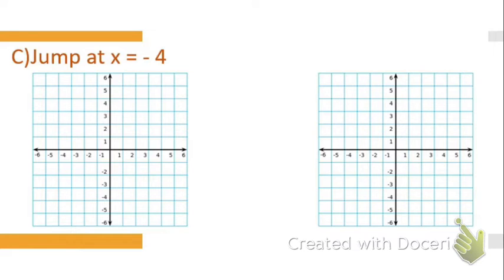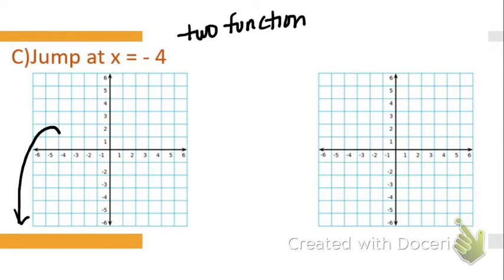So for a jump, you have to do two different functions. So let's say we're going to do any two functions. You can have a constant. So you just have two functions, but it could be any two. So I think I'm going to do a parabola. I'm going to draw a parabola, and the parabola is going to stop at x equals -4.